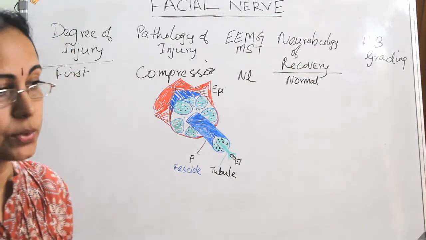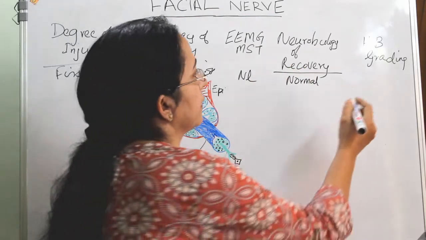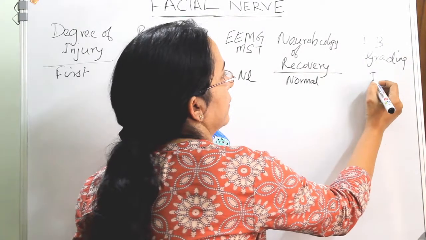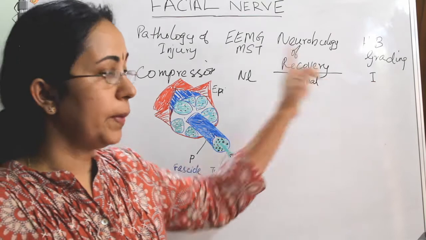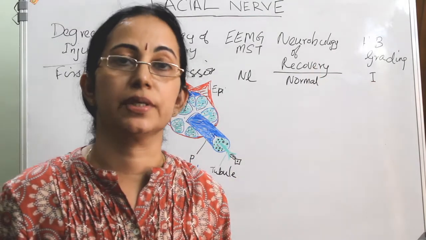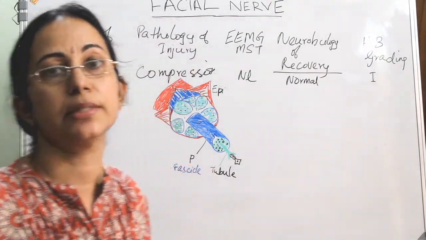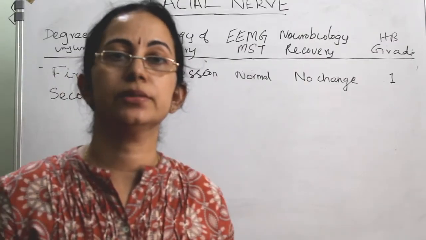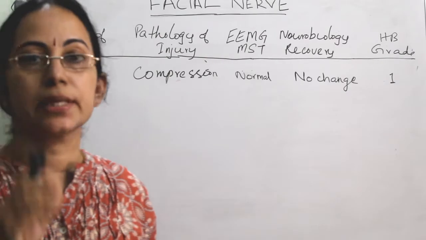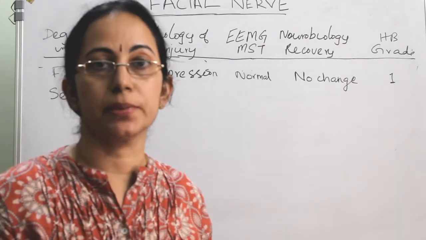And what about the House-Brackmann grading? It is grade 1. There is normal symmetrical function of the facial muscles. Normal function, and it is symmetrical also. Now the second degree injury shares features similar to axonotmesis.